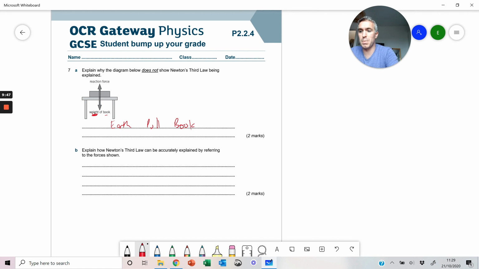Newton's third law would be the book pulls Earth. But it's saying weight of the book, the reaction force. So it would be the reaction force of the book on the table and the reaction force of the table on the book. So they're not paired, because they're different forces in different situations.